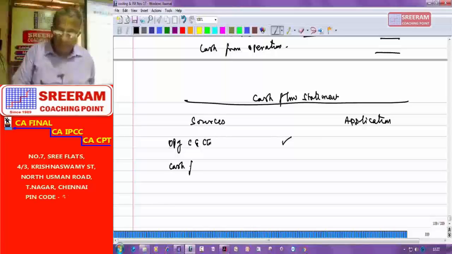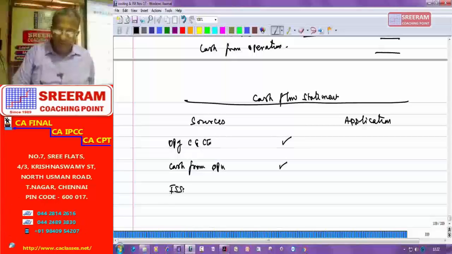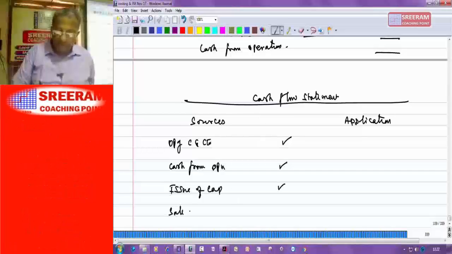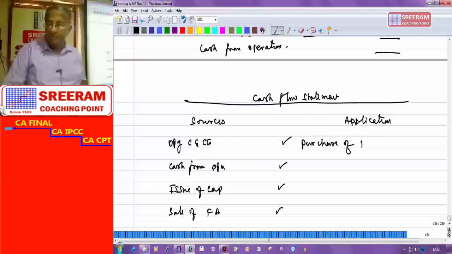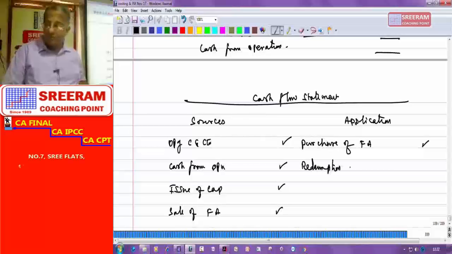Cash from operations. Then next one, issue of capital. Sale of fixed asset. Next, purchase of fixed asset. Redemption of capital. Debenture interest paid.